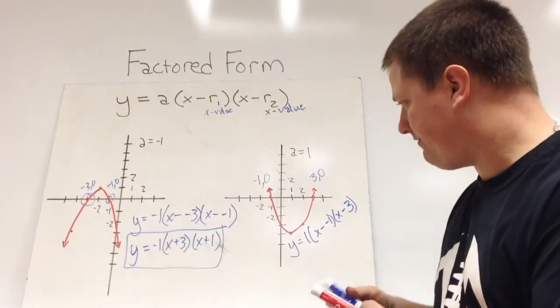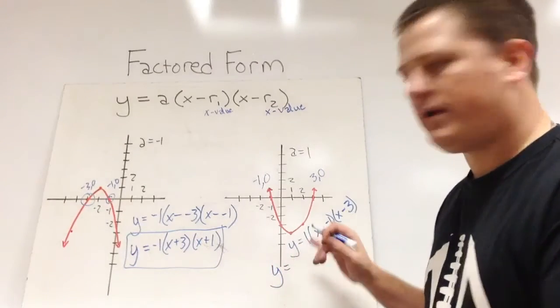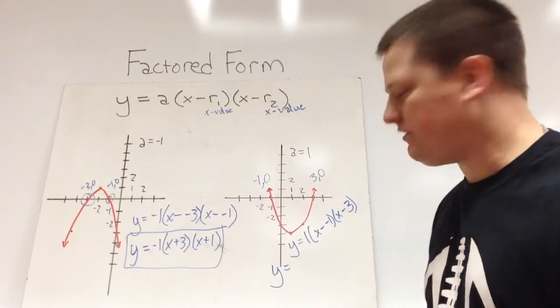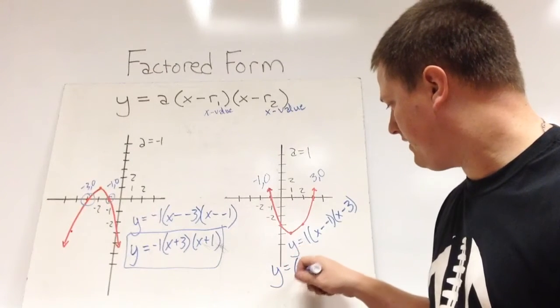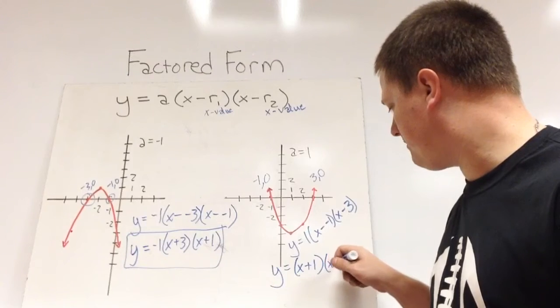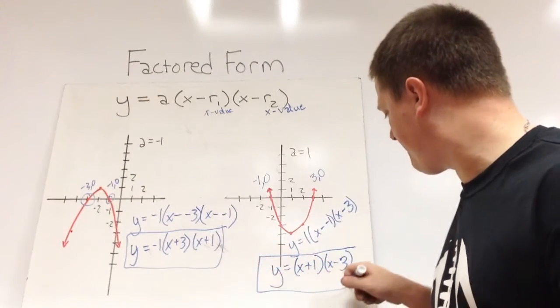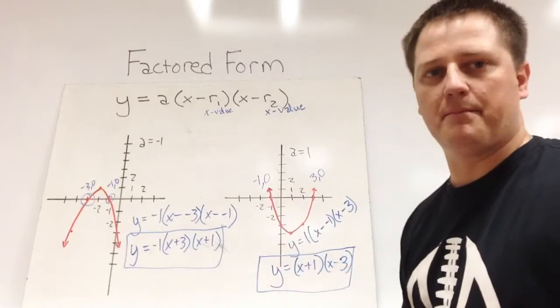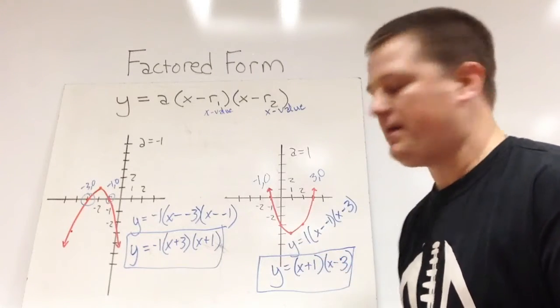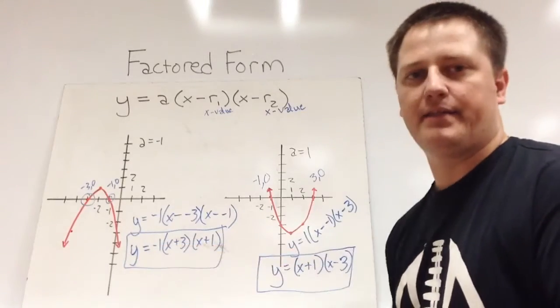We can again simplify this a little. Y equals, we don't really need a 1 when the a value is 1, so I'm going to leave it off here. X plus 1, x minus 3. That a value of 1 can be in there if you want to put it in, but it's not necessary because it's only a 1. If it's a -1, that's a little bit different.